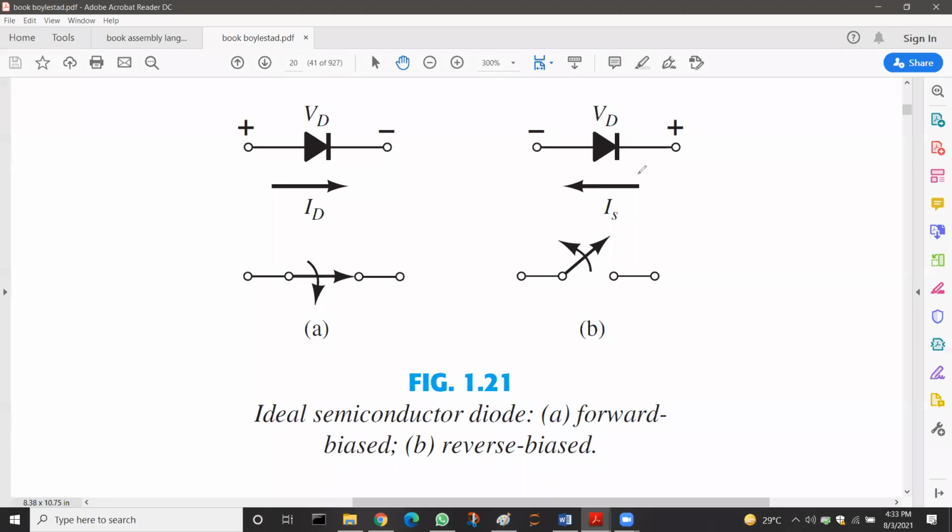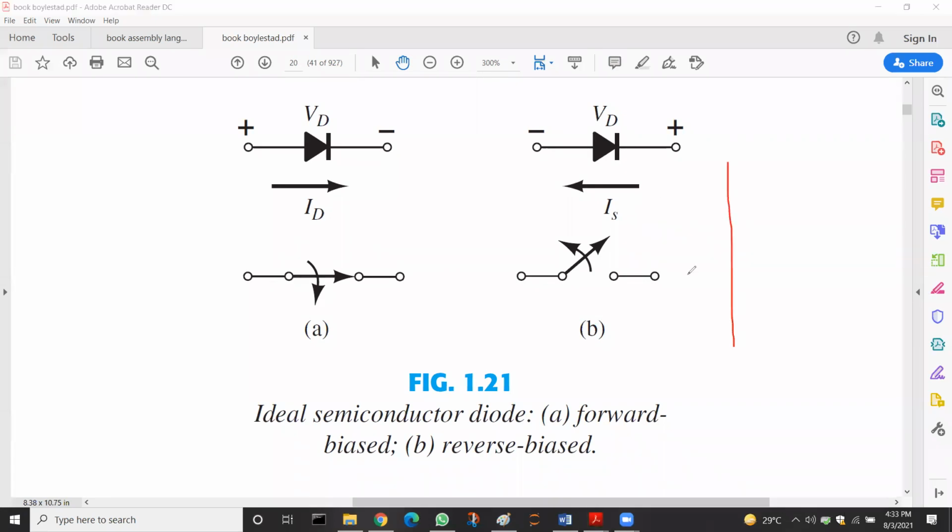If we draw the electrical characteristics at this point, which are also known as the current-voltage characteristics or diode characteristics, we can show this through this blue line.